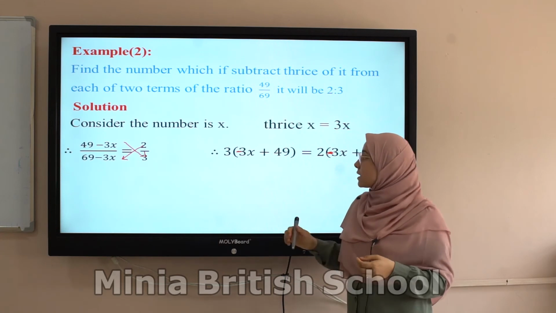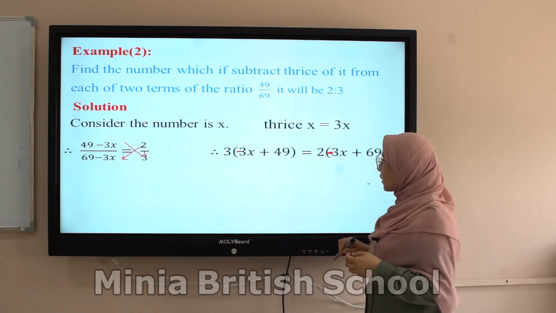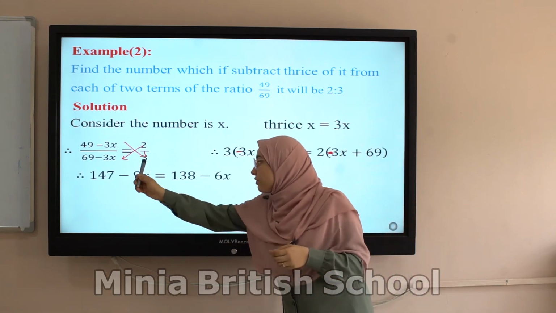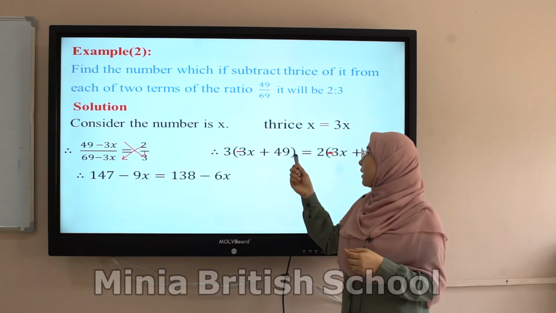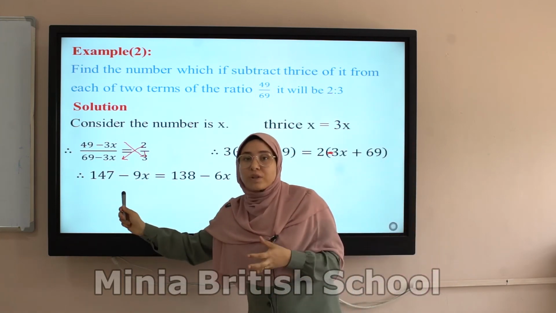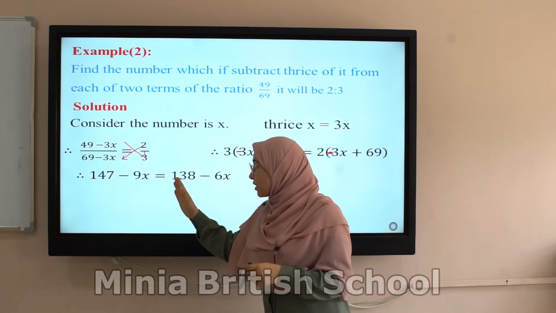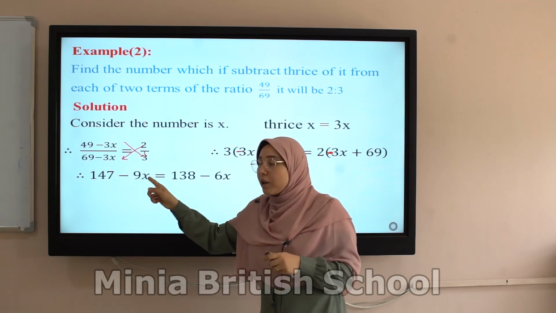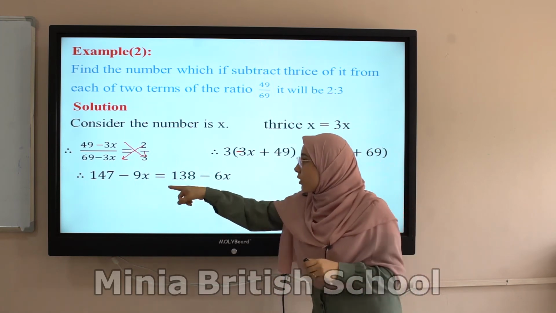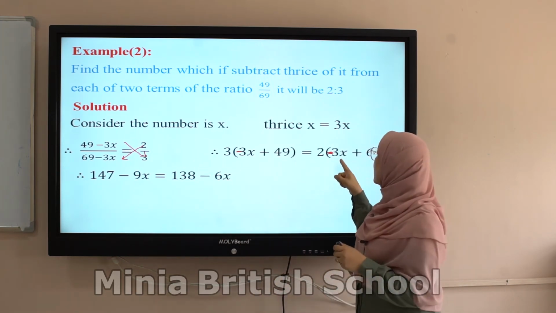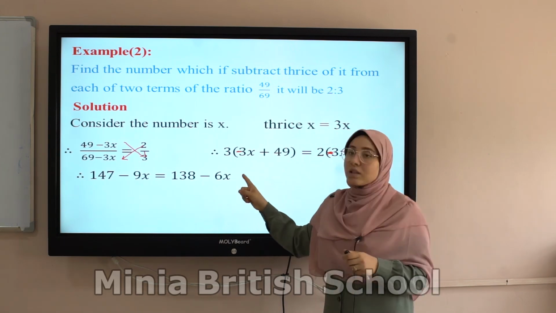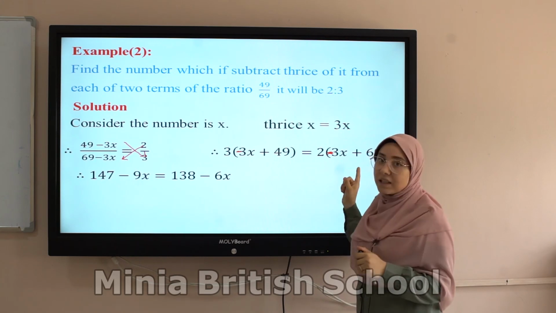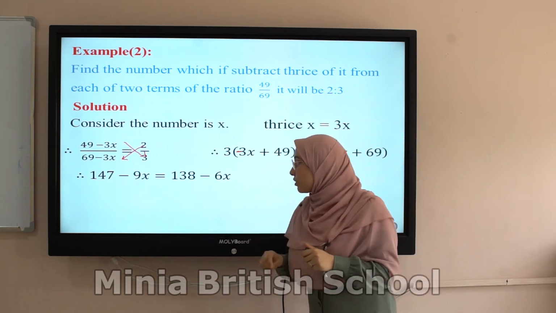So 3 times negative 3x equals negative 9x, and 3 times 49 equals 147. So the left hand side equals 147 minus 9x, equals 2 times negative 3x, which is negative 6x, and 2 times 69 equals 138.